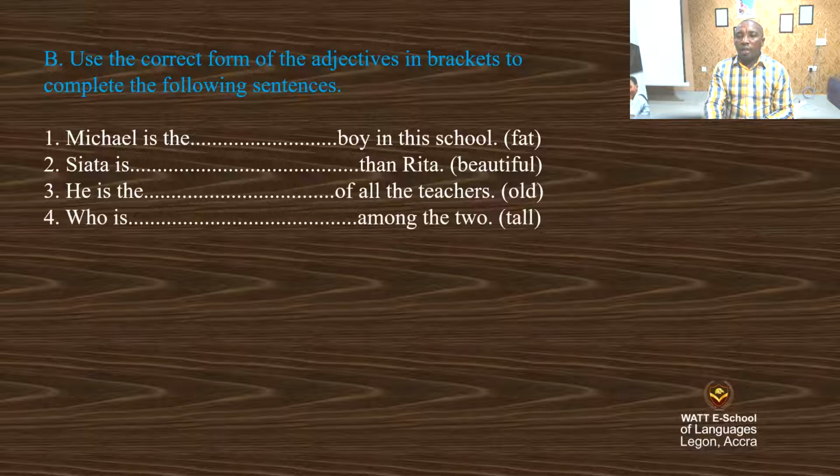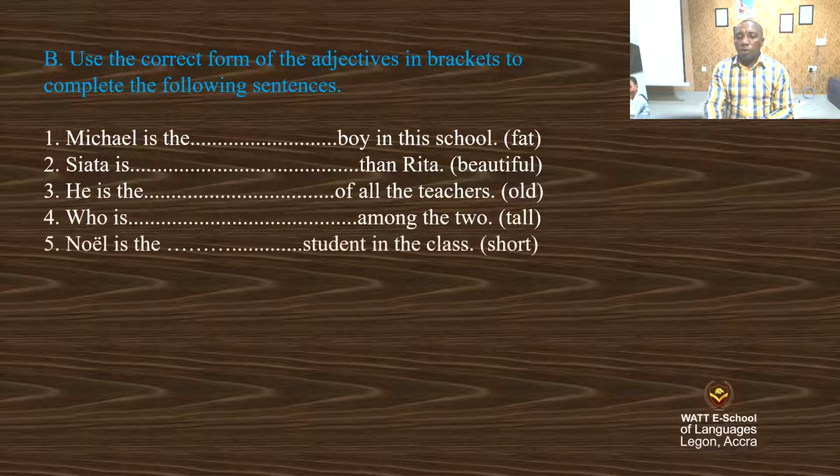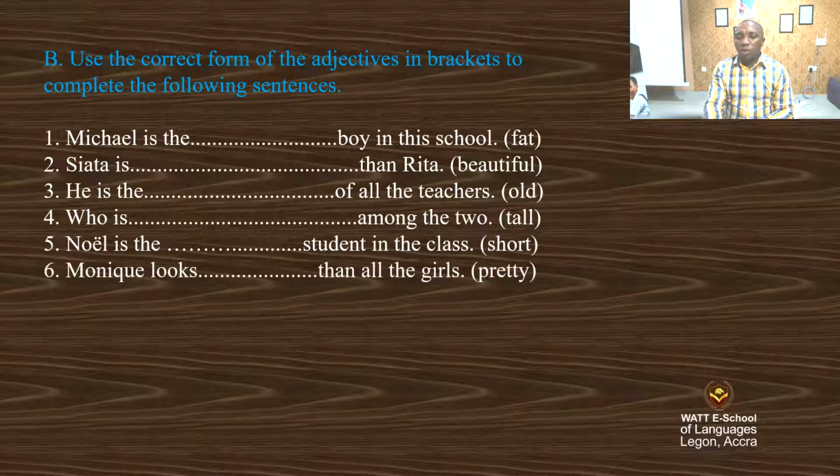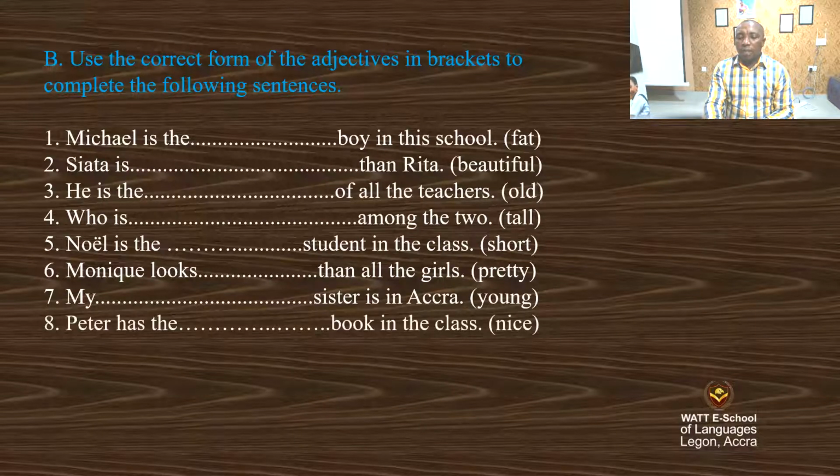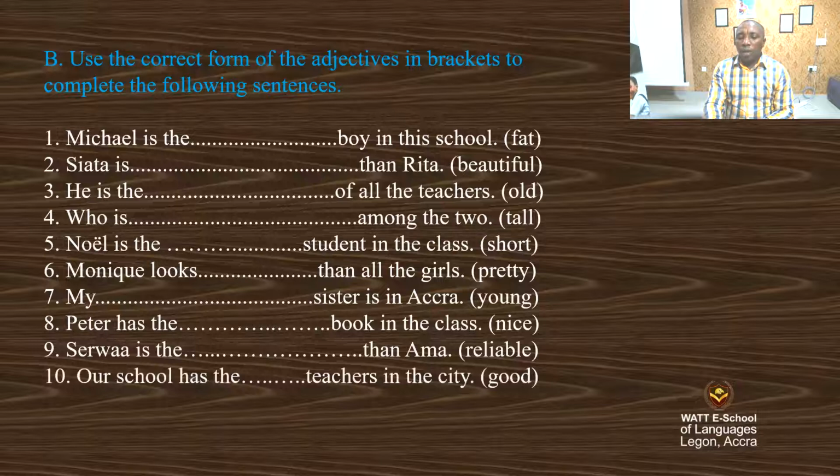Who is among the two? Noel is the student in the class. Monique looks than all the guests. My sister is in Accra. Peter has the book in the class. Sewa is than Amma. Our school has the teachers in the city.